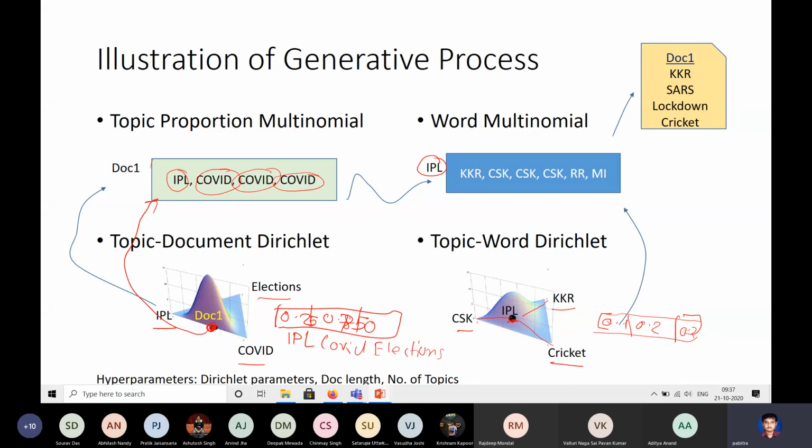This set of values, again, I can convert to a multinomial box where the balls in the box are the words KKR, CSK, and cricket. I have made a wrong box here. So this is the KKR ball. These are the CSK balls: 1 CSK, 2 CSK, 3 CSK, and some other words which I have wrongly put. This would have been cricket.